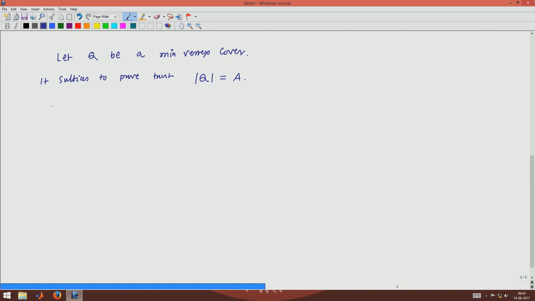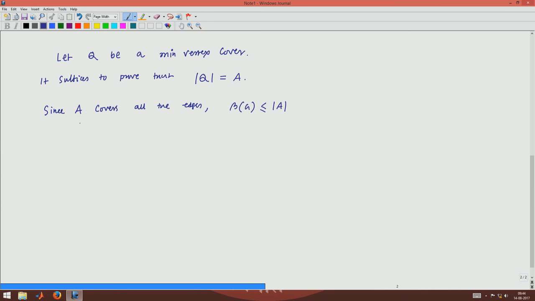Okay. So, first since A, this is the one side of the bipartite graph, covers all the edges, then definitely this beta G is less than or equal to the cardinality of A. So, this is an obvious vertex cover.